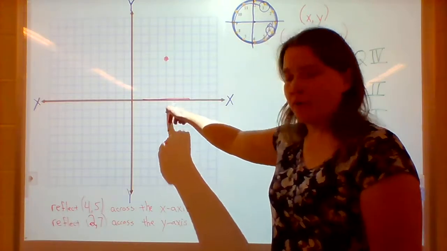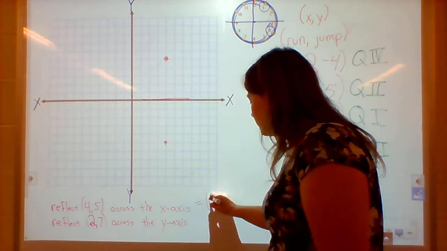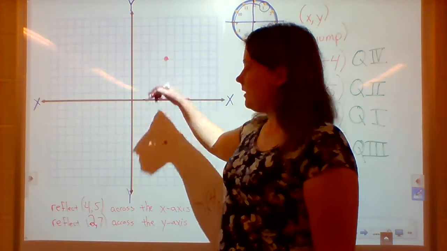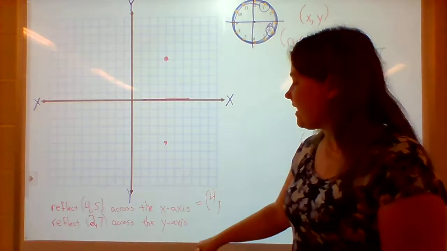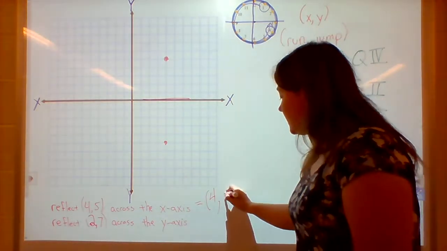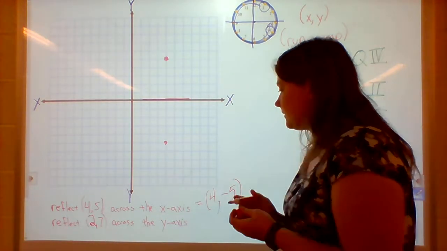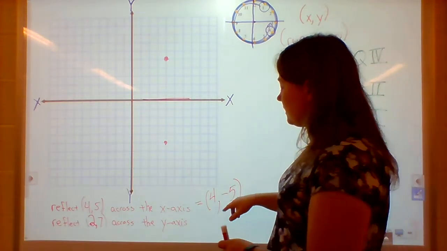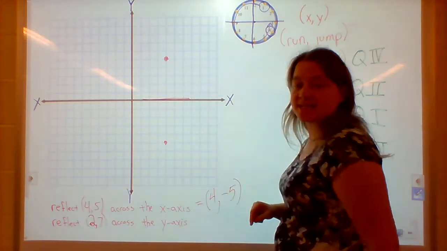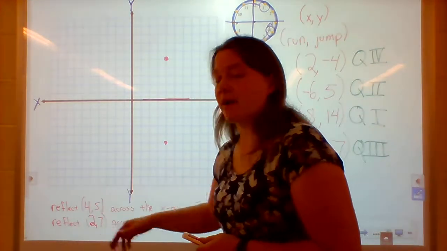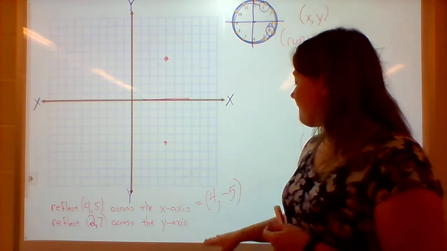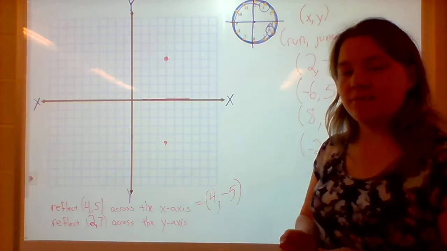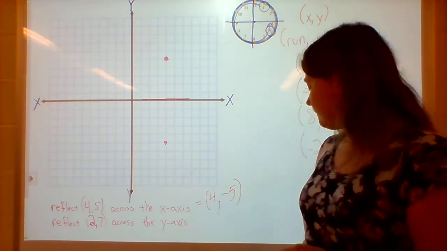It still ran 4, but now instead of jumping 5, it fell 5. So instead of having 5 here, it's going to be -5. Which means when I reflect something across the x-axis, the x number stays the same. My x, my 4, stays the same. And I found the opposite of my y number. 5 became -5. I found the opposite of that.